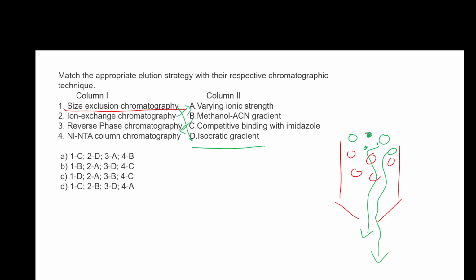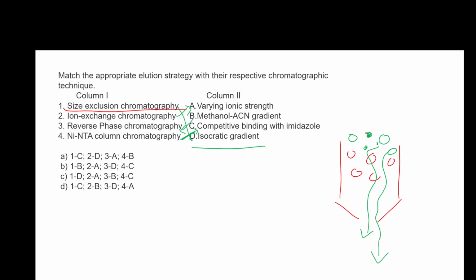So ion exchange will be first, and then we have nickel-NTA column chromatography. In nickel-NTA column chromatography, we have a competitive binding with imidazole. This resin binds a protein which is histidine tagged, and the nickel-NTA can also bind to imidazole.